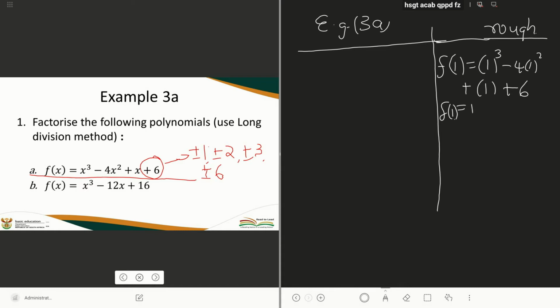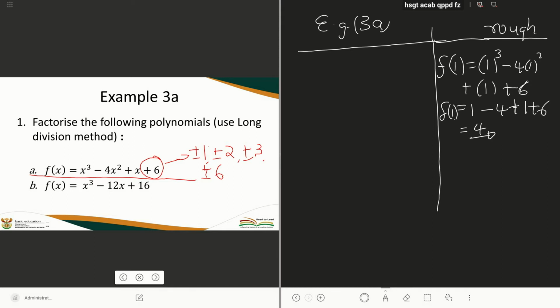You're going to have 1 cubed is 1, minus 4, plus 1, plus 6. Then when you simplify this, negative 4 plus 2 is negative 2, plus 6 is going to be positive 4.